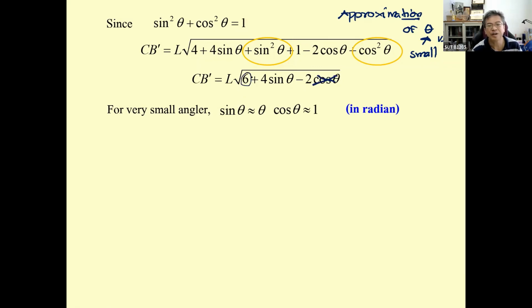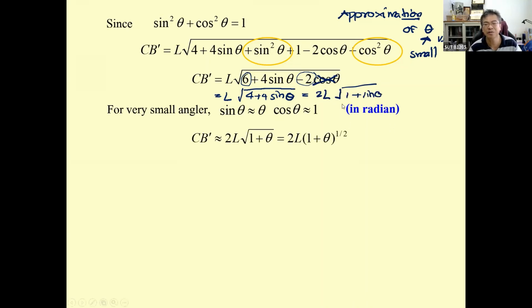So 6 minus 2, that is going to be L. This is going to be square root of 4 plus 4 sine theta. And then this is maybe 2L square root of 1 plus sine theta. So you can reduce this one.